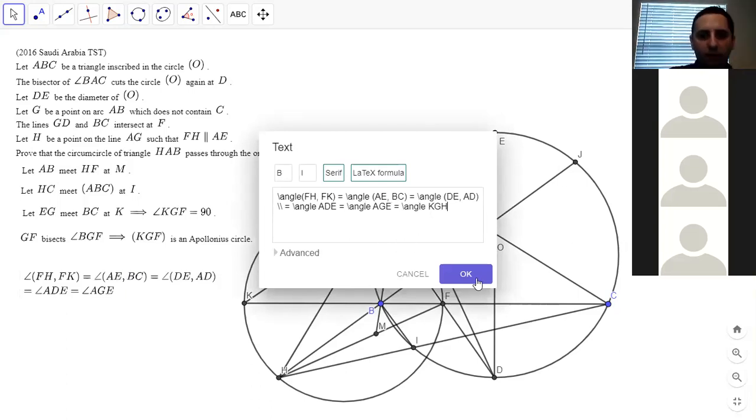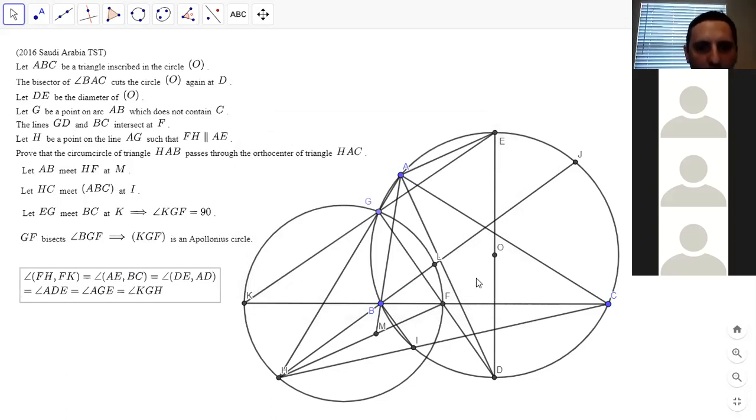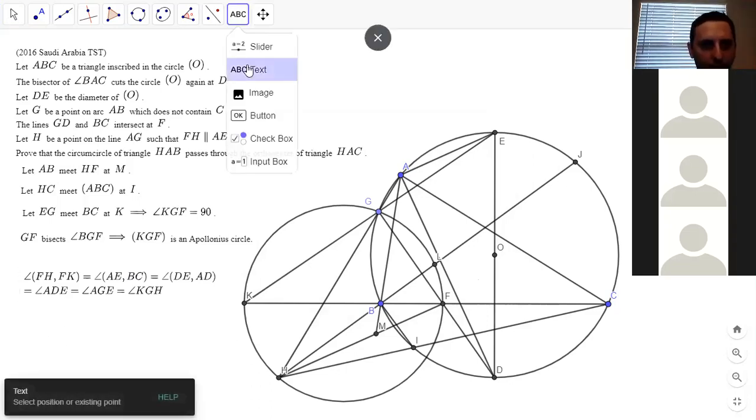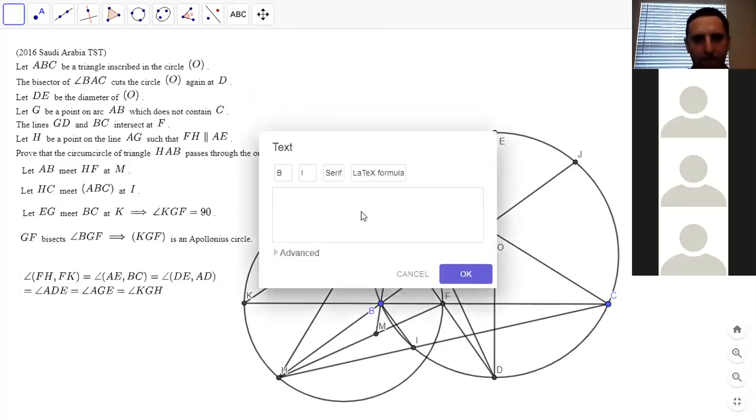Did I do everything right here? Let's see. Yeah, because H is defined to be on it. Okay, so that means that FGKH is cyclic, and that implies that H lies on the Apollonius circle.